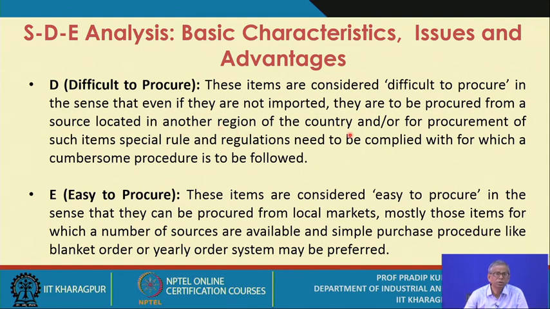Supposing your plant is located in the eastern part of the country, and the item is to be procured from a manufacturing plant located in the southern region of the country. So these items may be considered as difficult to procure.